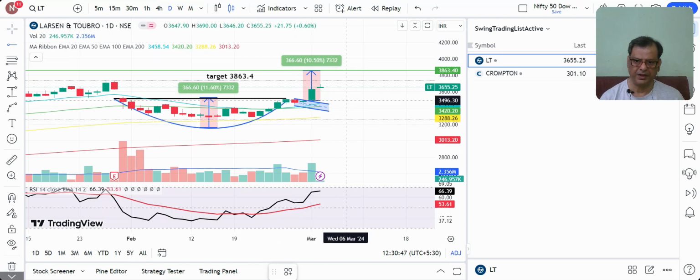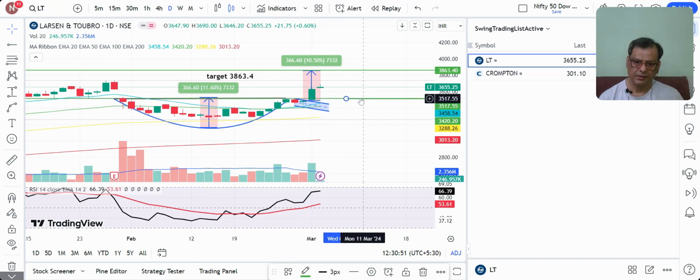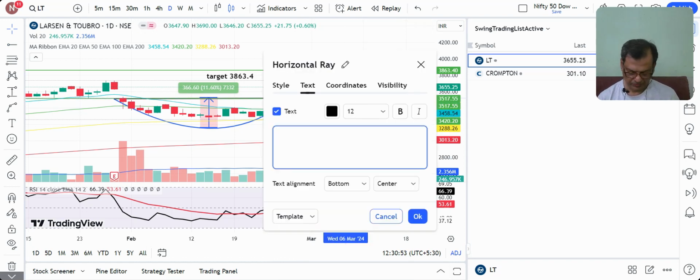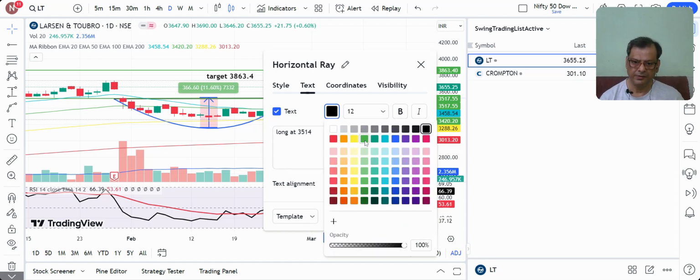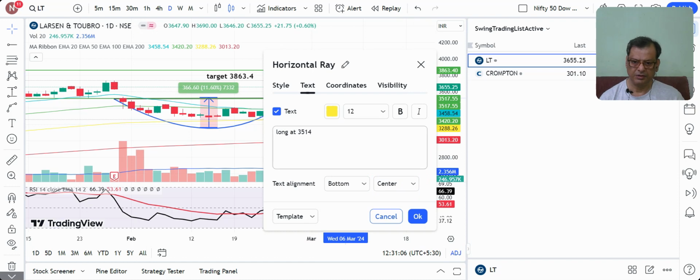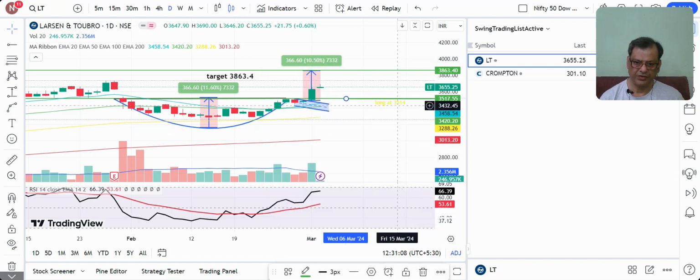We are giving 1 rupee. Long at 3514. Let's make it yellow since we've taken the target as green. So we are going long.